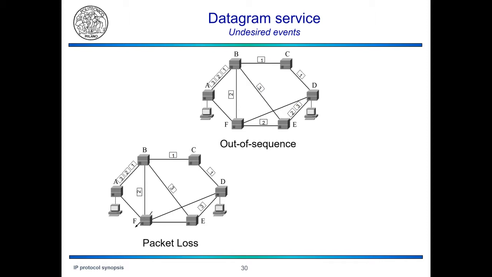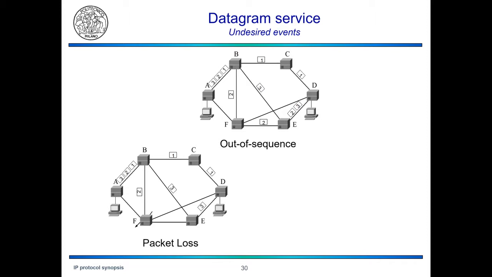Then you may have packet loss. For example, here packet 1 arrives to the destination, packet 2 is sent from node B to node F, and then it is received correctly in node F, but then node F goes out of service. Okay? So the packet is lost.